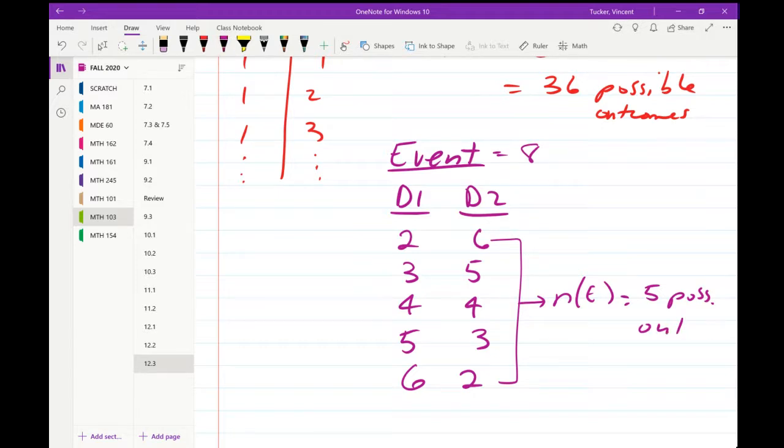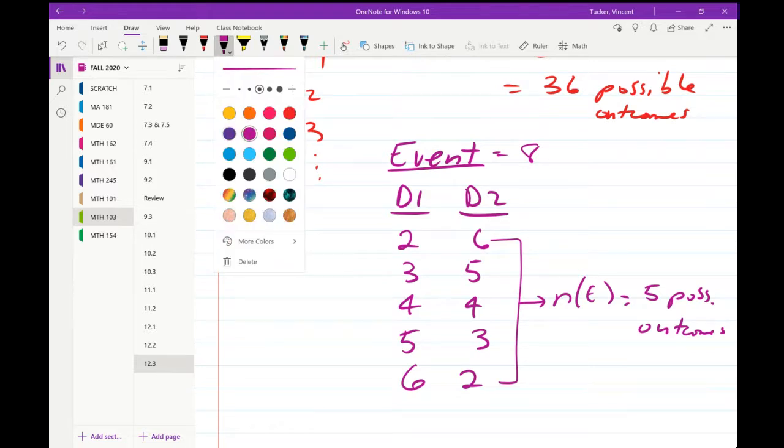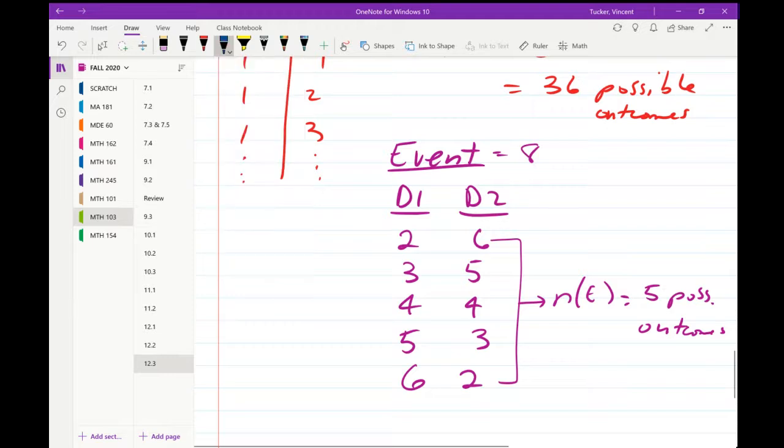So as far as your event goes, we have 5 possible outcomes. All right, so that means the probability of the event occurring would be 5 over 36.